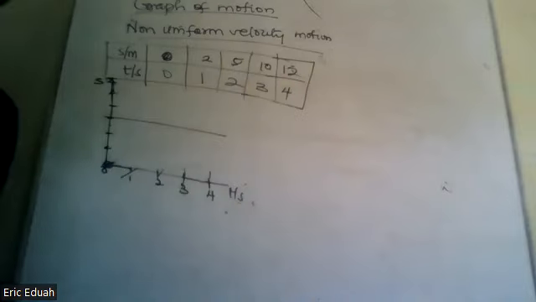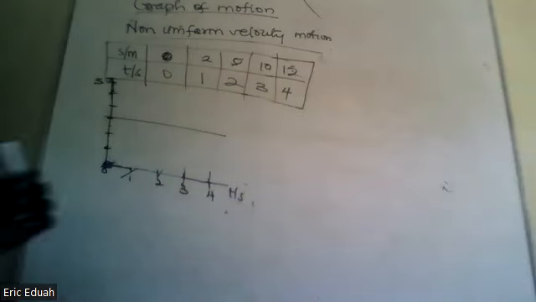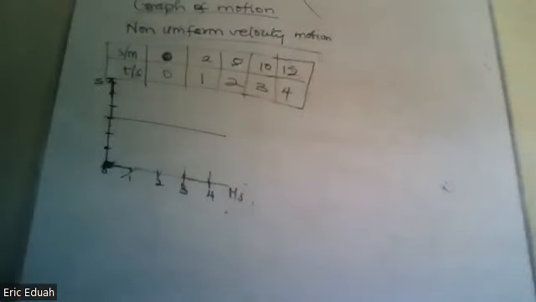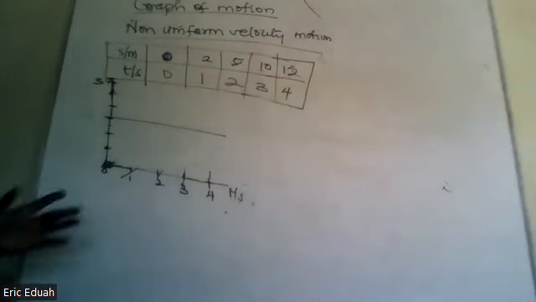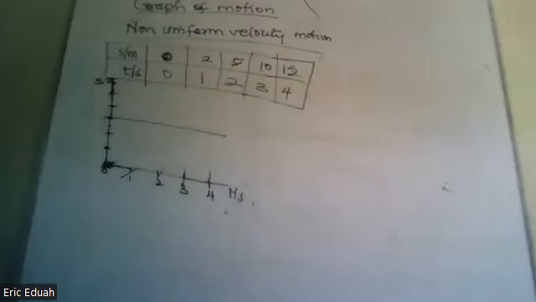Medu, so what do you also think? What do you make of this motion? Okay. So just as Kenneth and Immaculate said, this is a graph of a stationary body, or the graph of a body at rest. Why is it at rest?